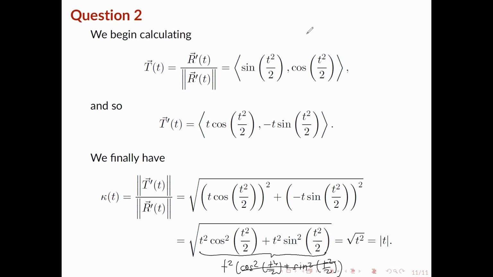So all in all, we get the square root of t squared, which is equal to the absolute value of t. So that's the curvature of the Euler spiral. You can search the internet for a picture of the Euler spiral and try to observe how this curvature makes sense.